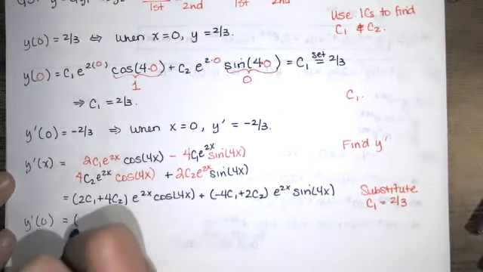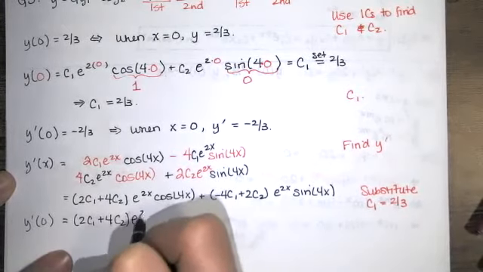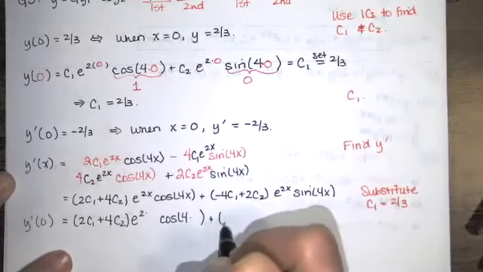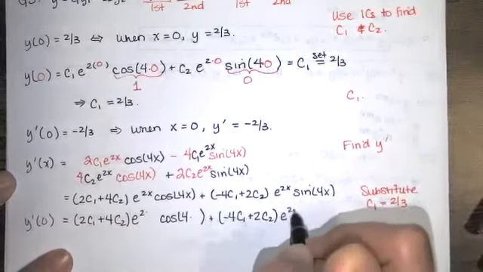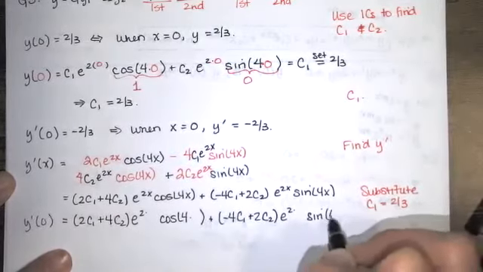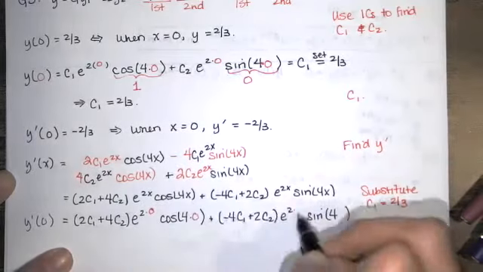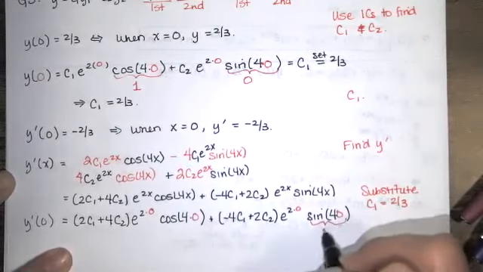Y prime of 0 is this constant times e to the 2 times 0 times cosine of 4 times 0 plus this constant times e to the 2 times 0 times sine of 4 times 0. So you're replacing all of your x's with zeros, and sine of 4 times 0 is 0.